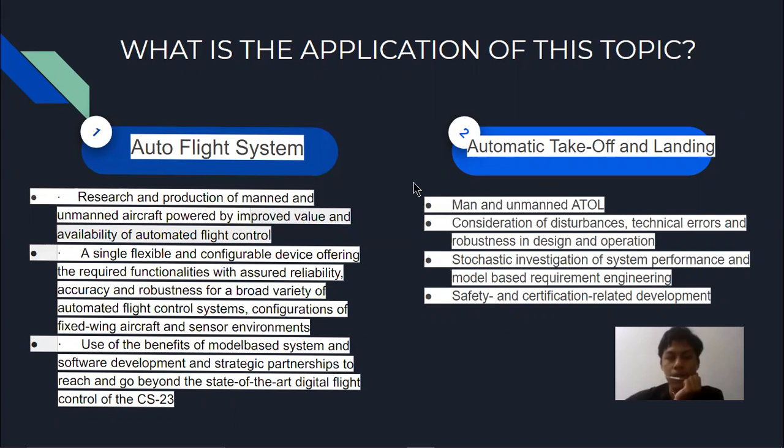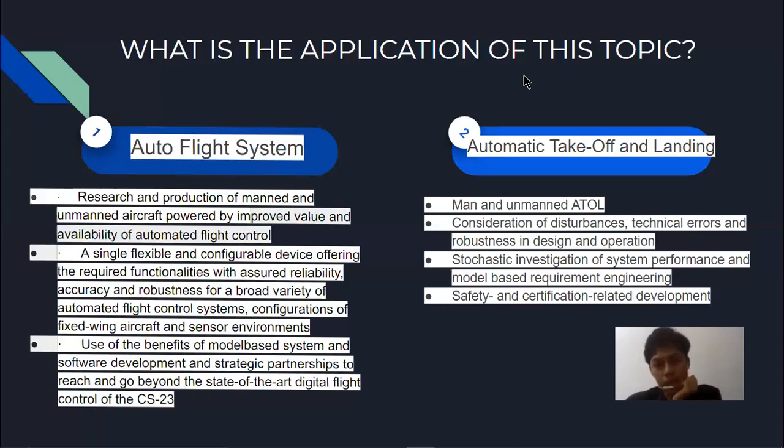So under the auto flight system, I'm going to elaborate about research and production of manned and unmanned aircraft powered by improved value and ability of automated flight control, a single flexible and configurable device offering the required functionalities with assured reliability, accuracy, and robustness for a broad variety of automated flight control system configurations of fixed wing aircraft and sensor environment, using the benefit of model-based system and software development and strategic partnership to reach and go beyond the state-of-the-art digital flight control of the CS-23.